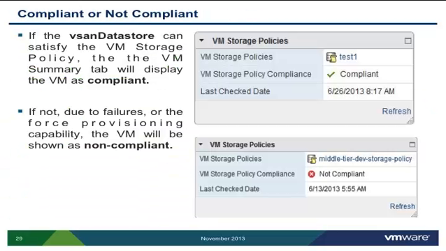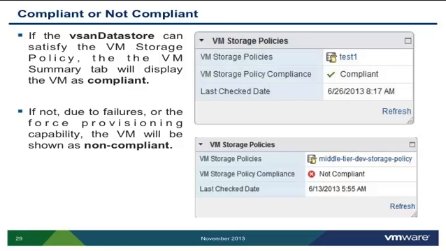Once your virtual machine is then deployed, if you go to the virtual machine summary page, you can actually see at a glance whether that virtual machine is compliant or not. So initially when you roll it out, it will be in a compliant state. However, what if there were failures in the cluster? What if I lost a host, or what if I lost disks or whatever, and there wasn't enough resources to rebuild? Then in that case, you'd get non-compliant.